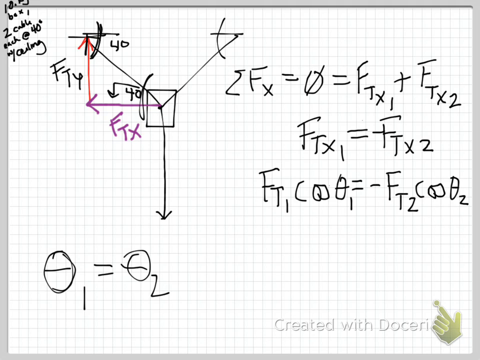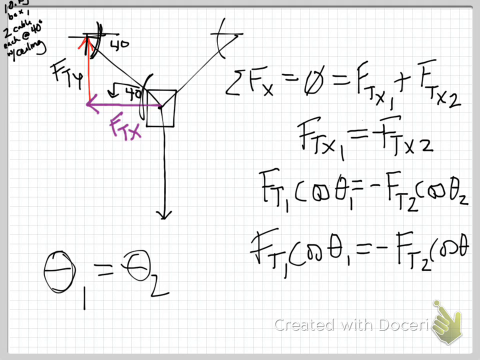So that allows us to now say force of tension 1 cosine theta 1 equals the negative force of tension 2, also of cosine theta 1. Well, now, divide both sides by cosine of theta 1. What do you get? That the forces of tension are equal.